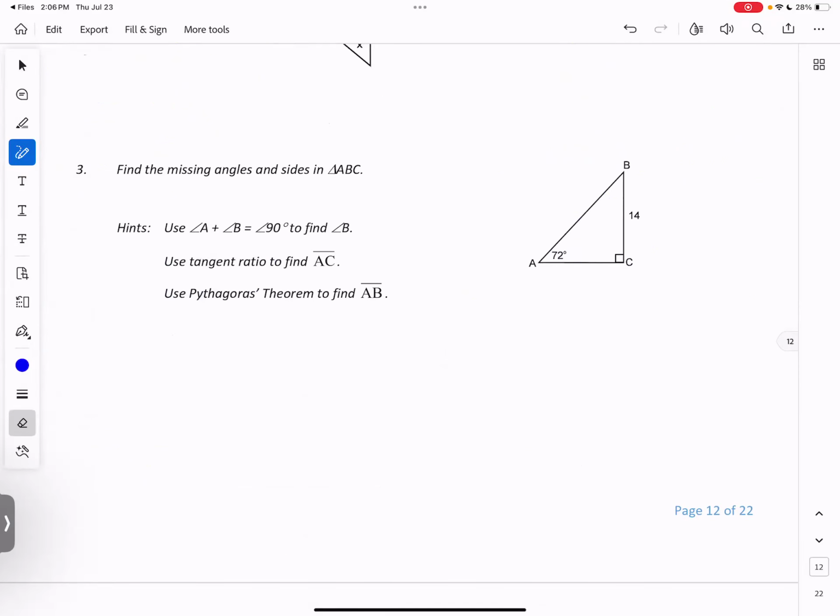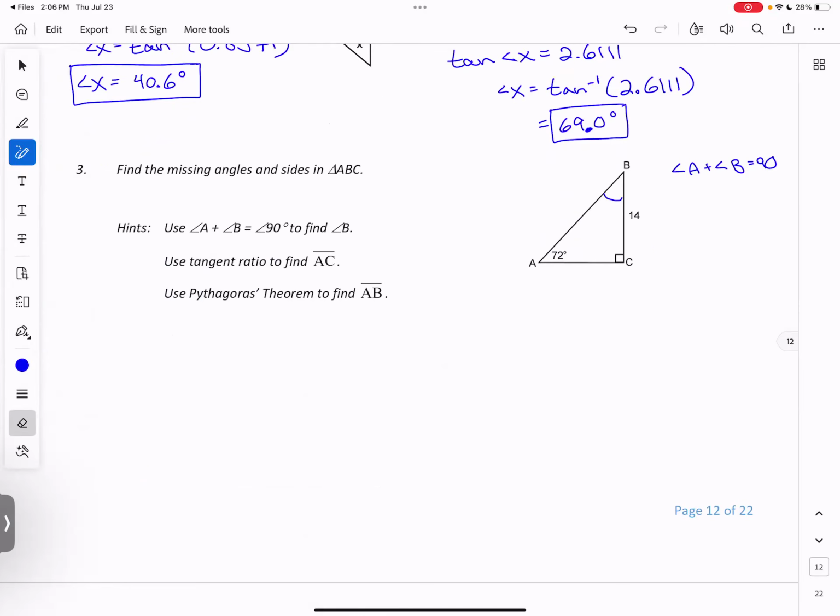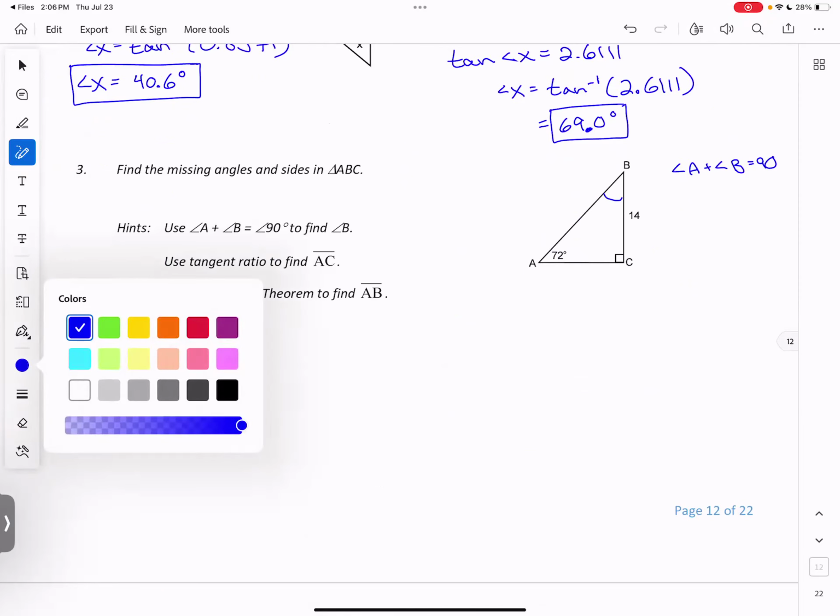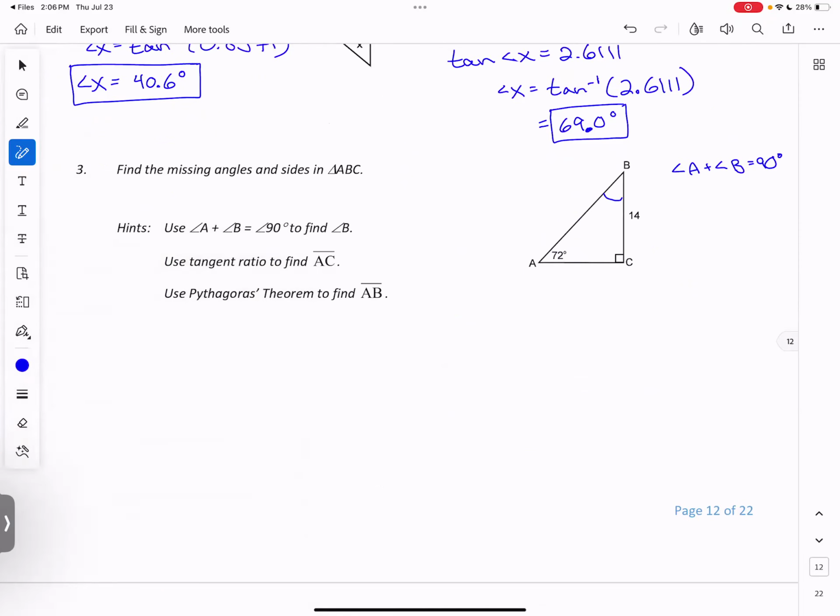And then we know that angle A is 72 degrees. So we can subtract 72 degrees from both sides and we get angle B is 90 degrees minus 72 degrees, which would give us 18 degrees.